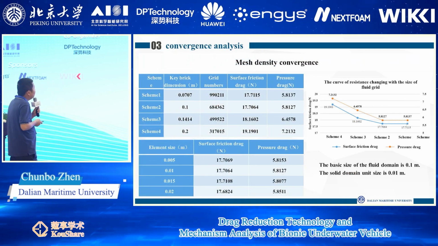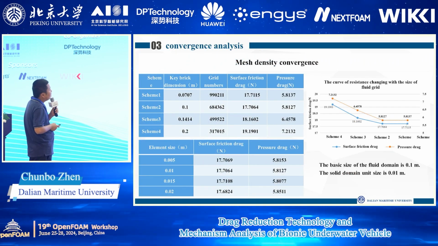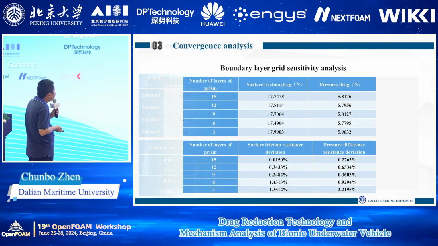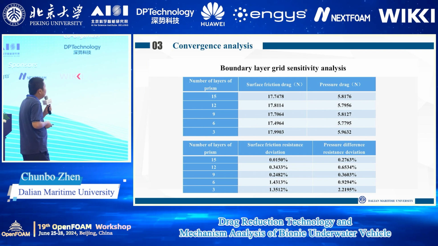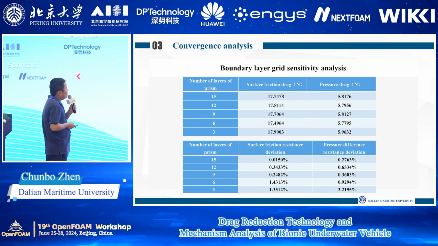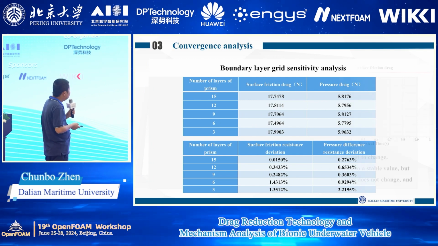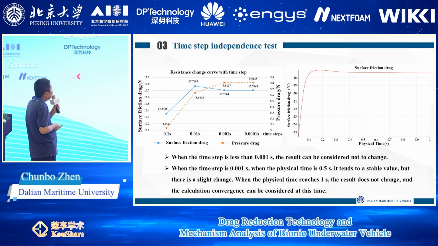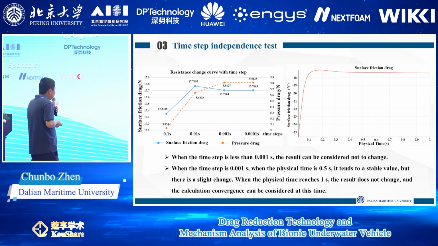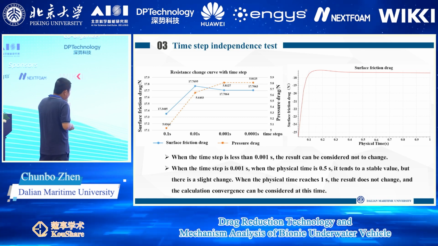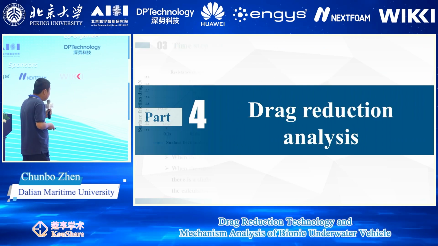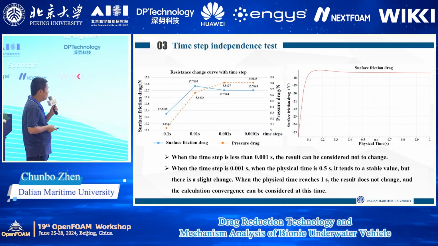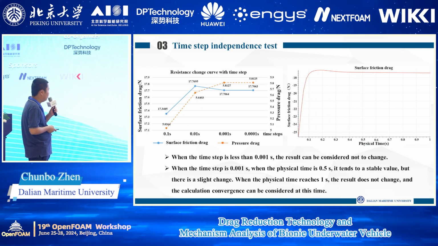Then the mesh density convergence is done, and the boundary layer grid sensitivity analysis is done. Finally, the time-step independence test is done. From the result, we can say when the time step is less than 0.001 seconds, the result can be considered not to change.